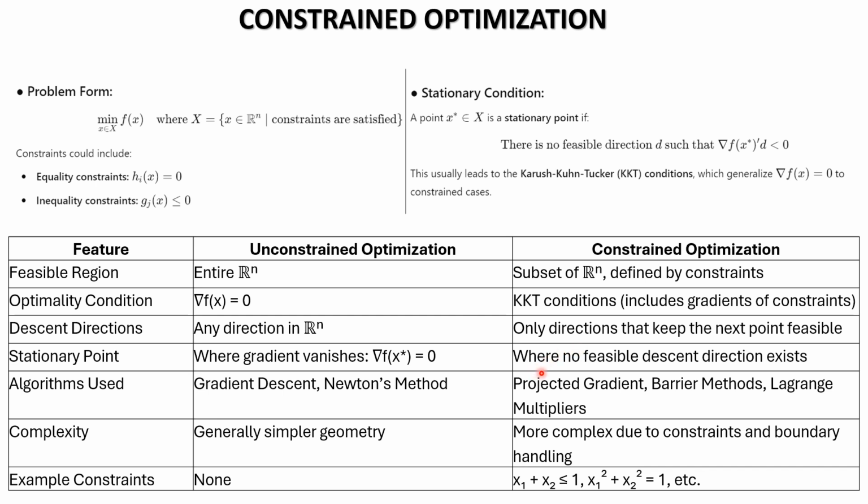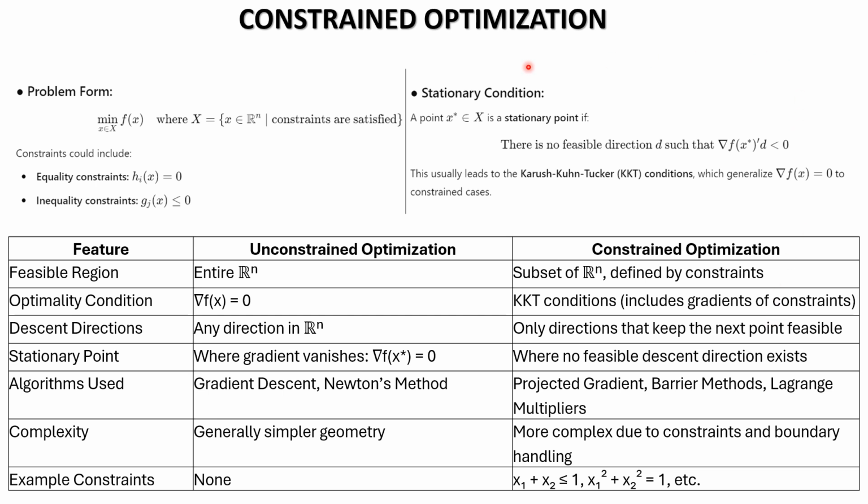At stationary points, no feasible descent direction exists. And algorithms use projected gradient, barrier methods, Lagrange multipliers. The complexity is higher due to constraints and boundary handling. For example, a constraint could be in this form: x1 plus x2 less than or equal to 1, or x1 plus x2 squared is equal to 1, and so on.